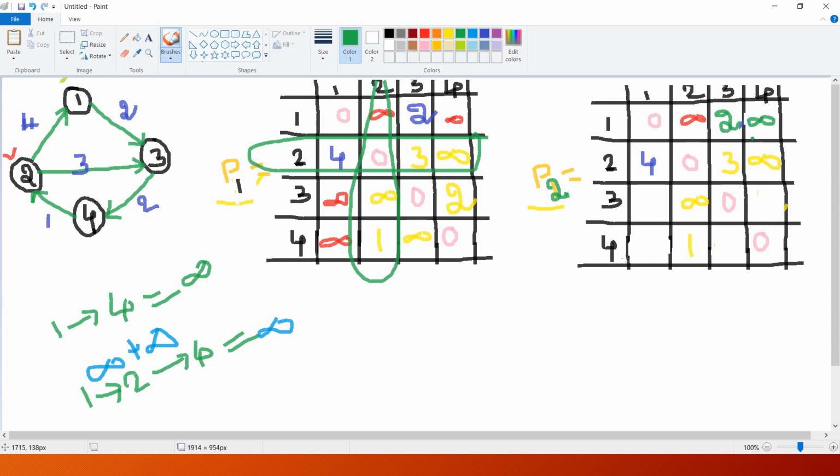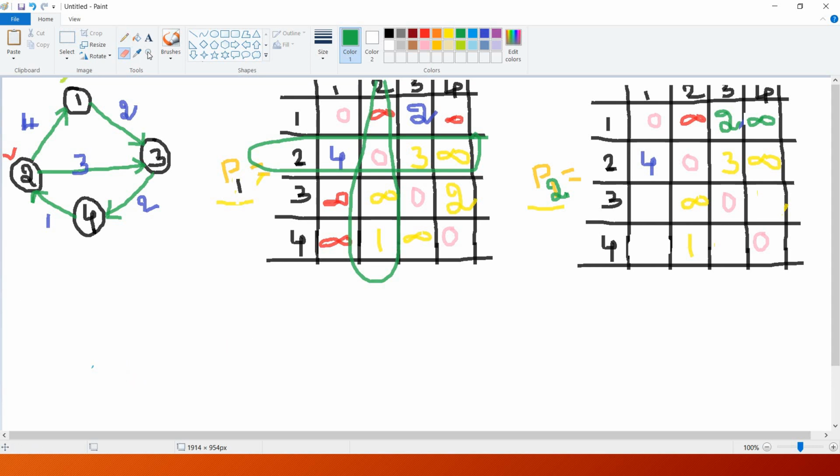Okay, so next I have to fill 3 to 1, right? 3 to 1, how much is there? There is infinity, meaning there is no direct edge. So let us find 3 to 2 and then 2 to 1. 3 to 2, how much cost?